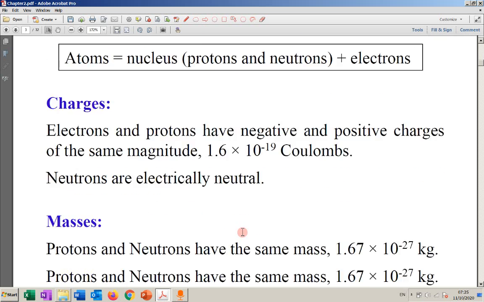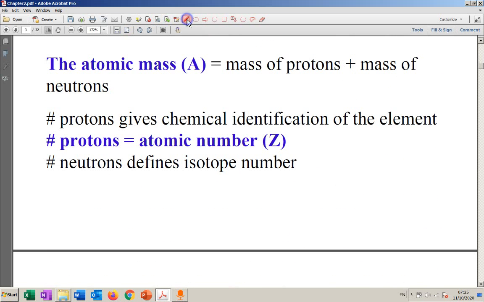Now what does this mean? Before going further, I'm not sure if in chemistry you know that we have, for example, two types of carbon. We have carbon 12 and we have carbon 14. What does this mean? Carbon 12 means that you have 6 protons and 6 neutrons inside it.